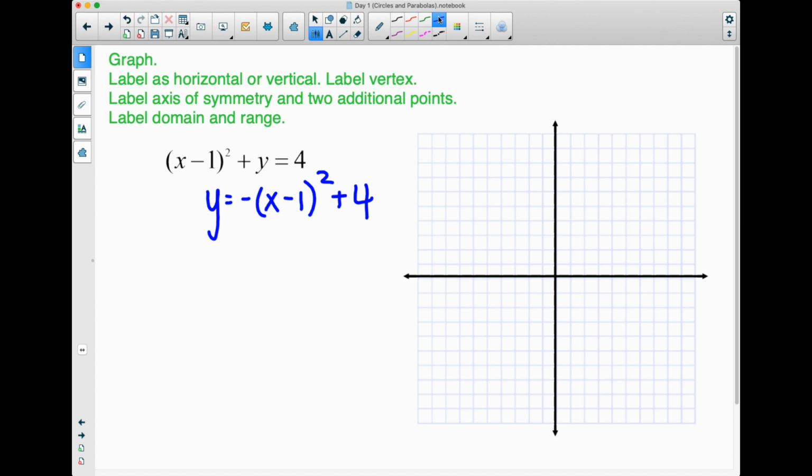Okay, my vertex is going to be 1, 4, which makes my axis of symmetry x equals 1.